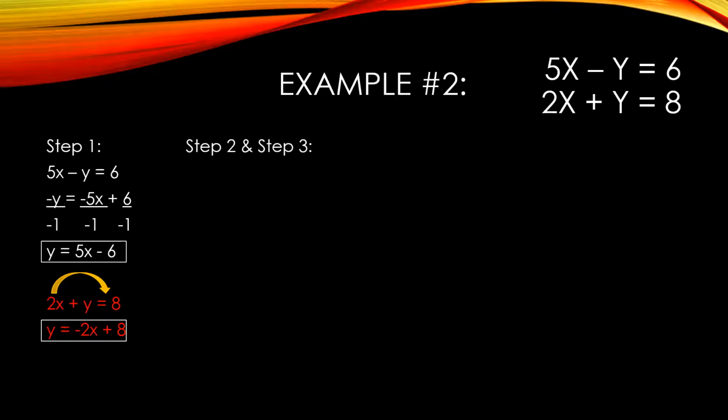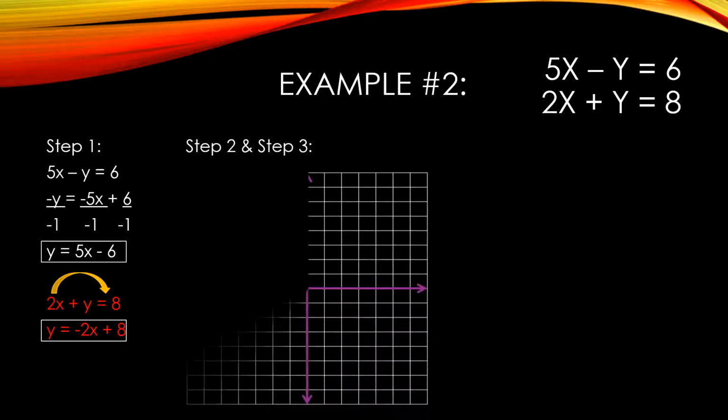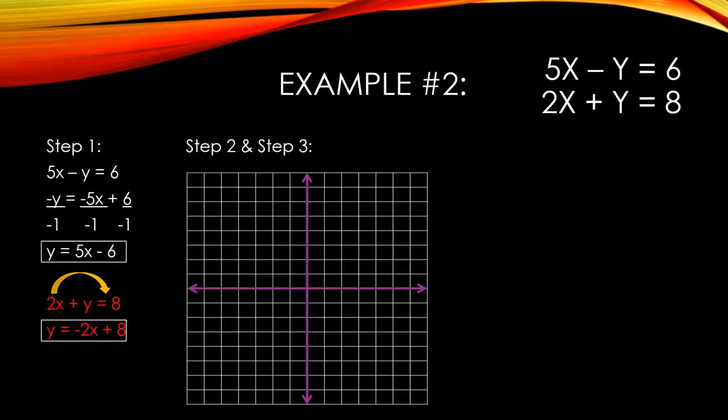Step number 2, graph your first equation, y equals 5x minus 6. We start off by plotting our y-intercept, which is -6, and we're going to use our slope, which is +5, to find other points on the same line. Step number 3, graph your second equation, y equals -2x plus 8.